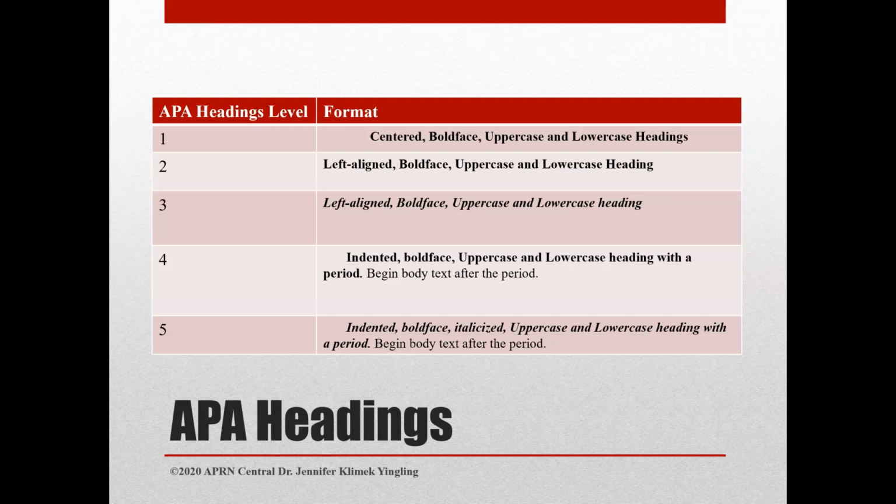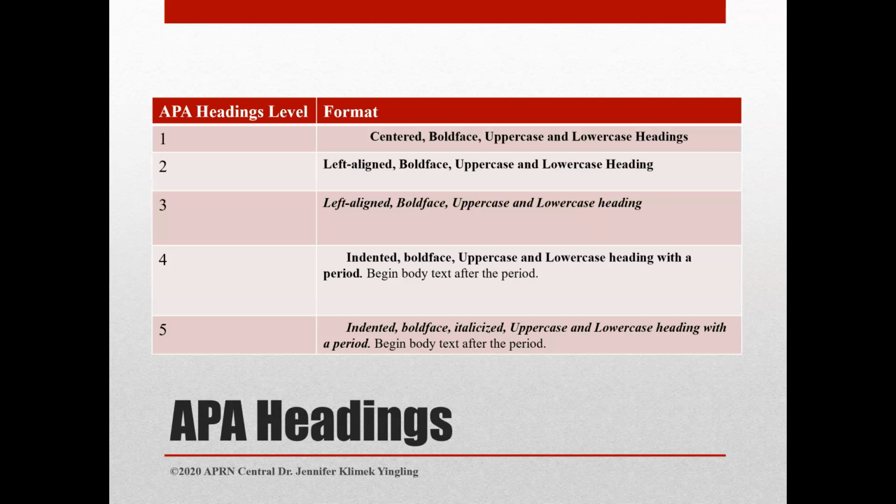Your level 1 APA heading is centered, bold-faced, uppercase and lowercase heading. A level 2 is left aligned, bold-faced, uppercase and lowercase heading. A level 3 is left aligned, bold-faced, uppercase and lowercase and italicized. Okay.